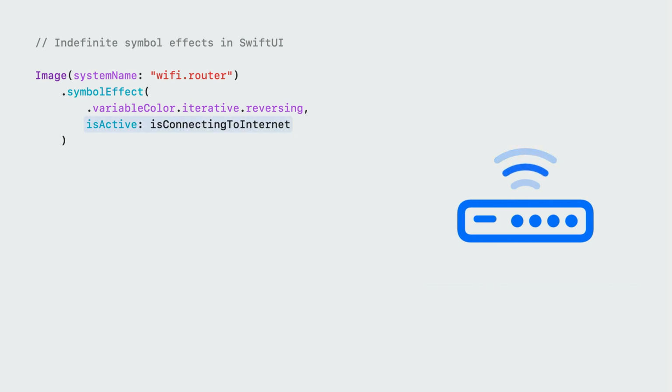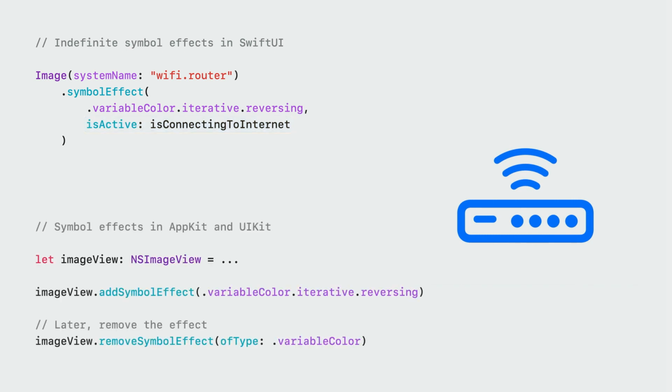This can be done by adding the Boolean isActive parameter. Here, I apply the effect only when connecting to the internet. Once the app finishes connecting, the symbol animation seamlessly ends. In AppKit and UIKit, use the remove symbol effect method to end indefinite effects.